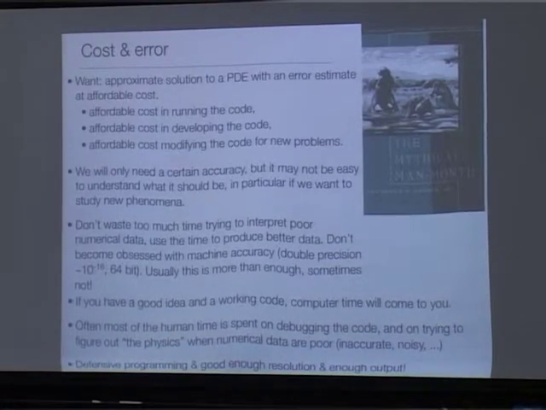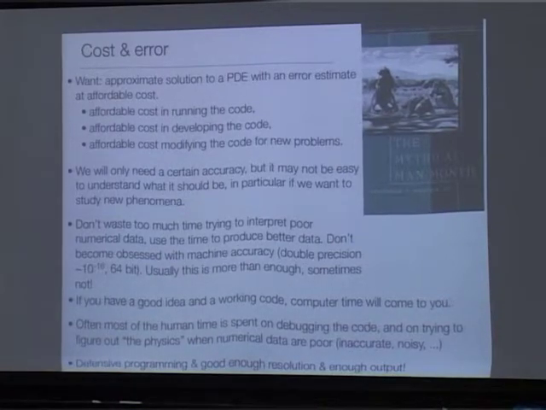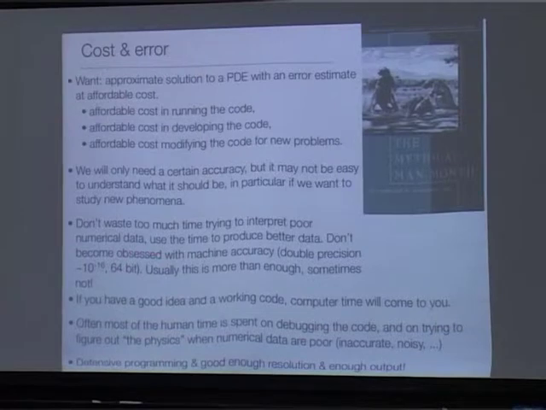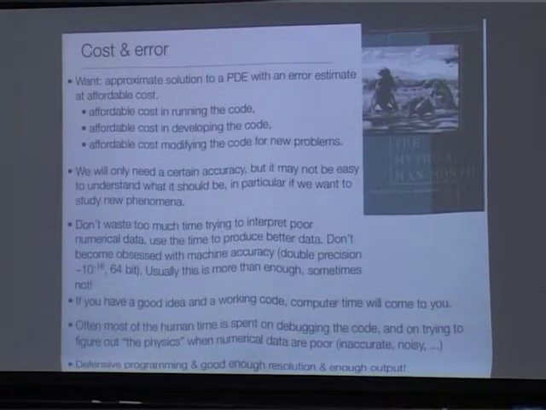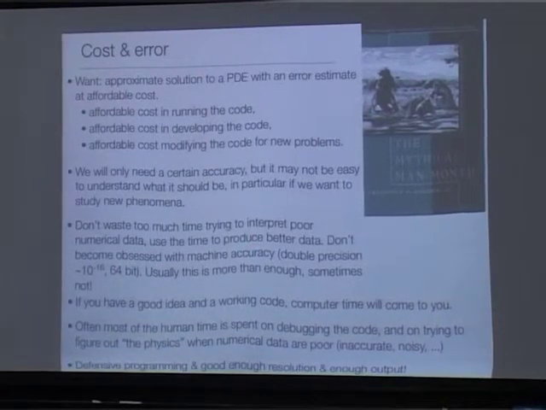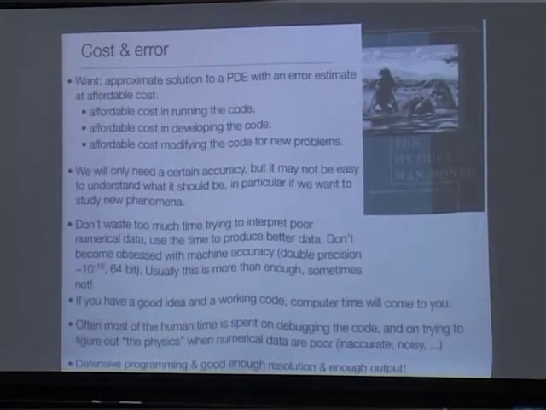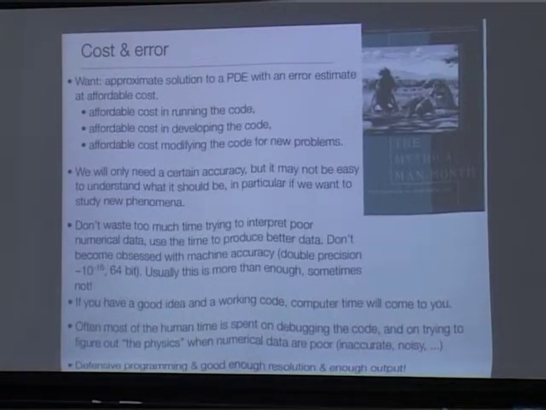All right, this is another comment which I want to make. Computations can be very, very expensive. And I think, if you have a good idea about a good problem, an interesting physical idea, and you have a code which works fine, computer time is quite likely to come to you, okay? The important thing is really you have the ideas, you have a code which works.